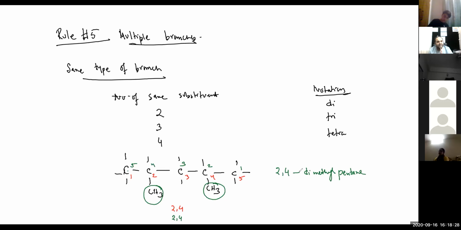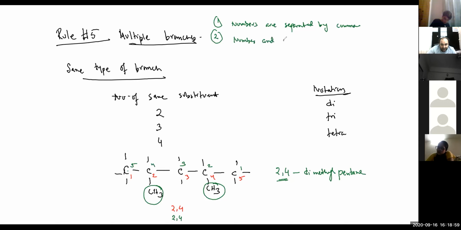So এখানে তোমাদের যেটা লিখতে হবে, number 1, numbers are separated by comma. দেখো I separated the numbers with comma. Number 2, number and alphabet is separated by hyphen.